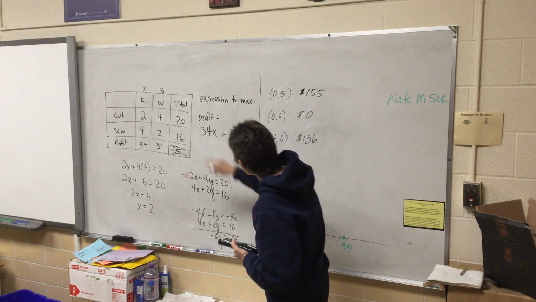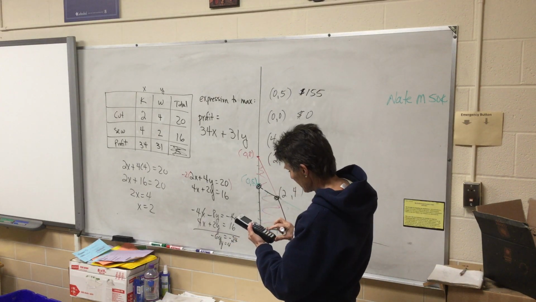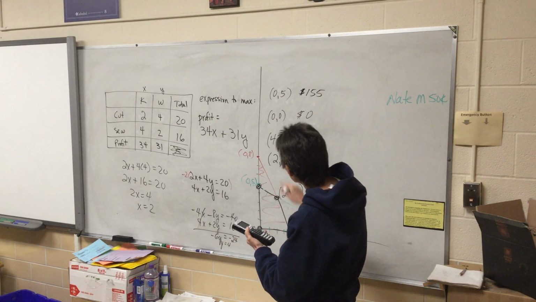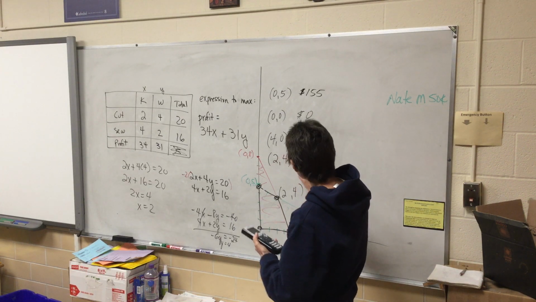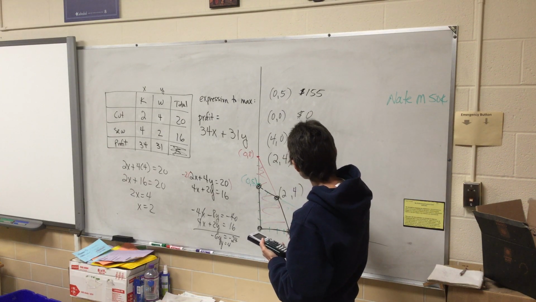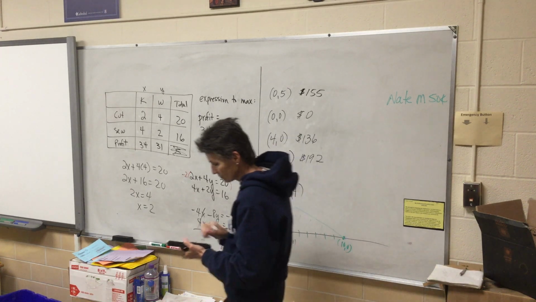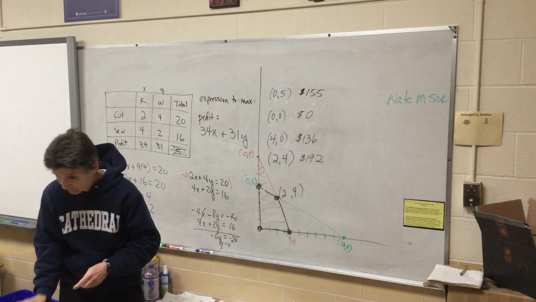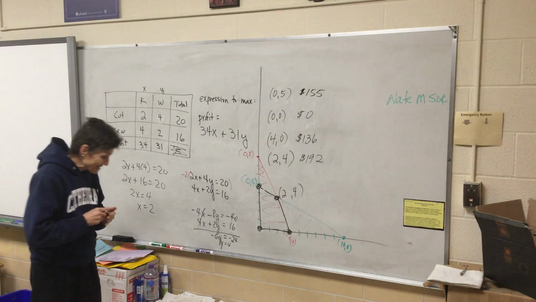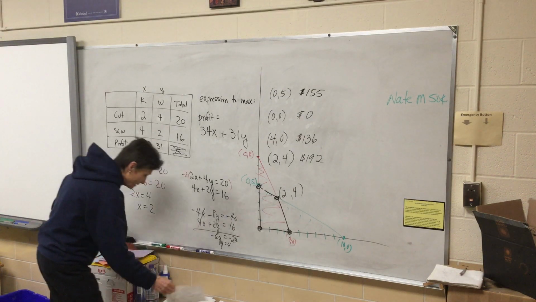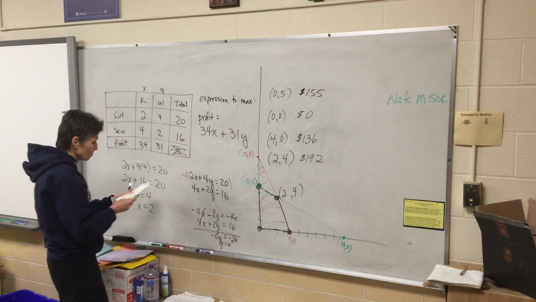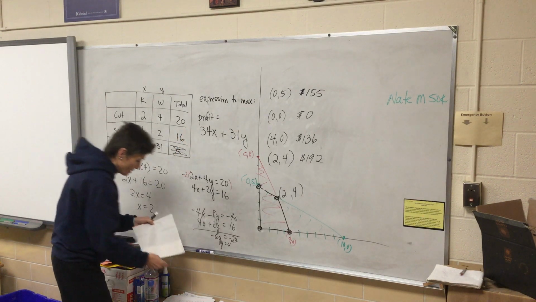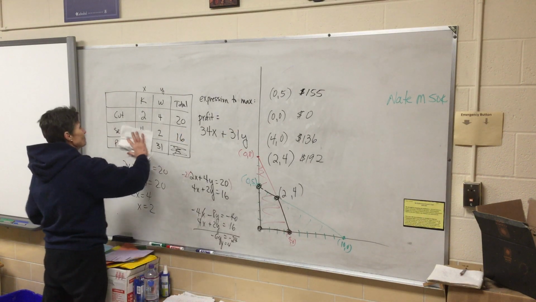And then this one's going to be 34 times 2 plus 31 times 4. Ooh, that's $192. So since this guy's objective is obviously to maximize his profit, what are you going to advise him to do?